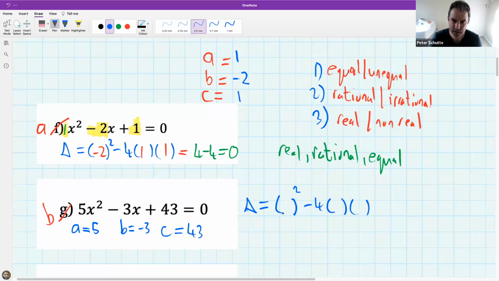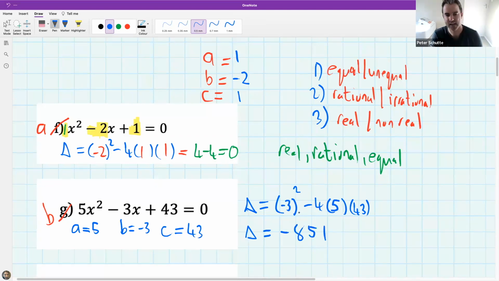So what's B? B is -3, and it's squared, and A is 5, and C is 43. So the agreement seems to be that delta, that seems pretty big. Let's have a look here if I agree with you guys. So 9 minus 4 times 5 times 43 is -851.